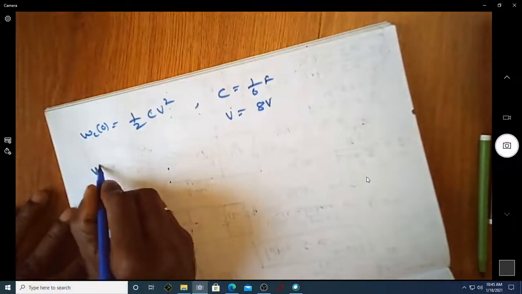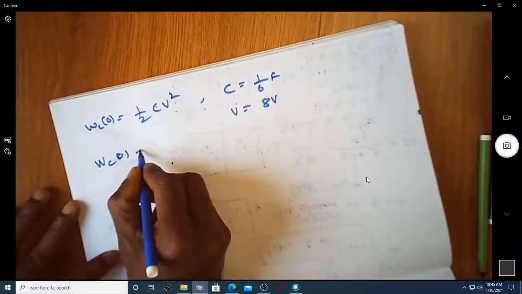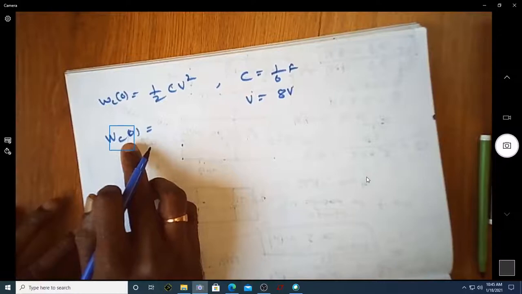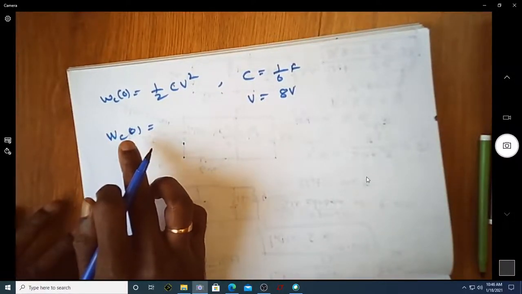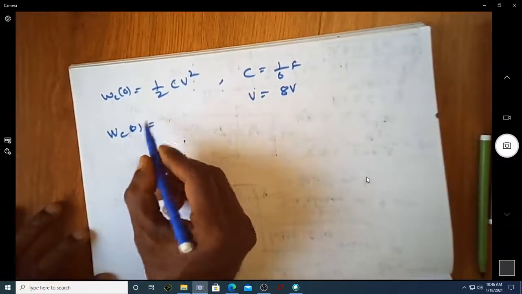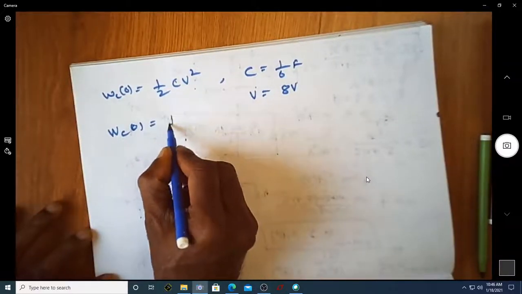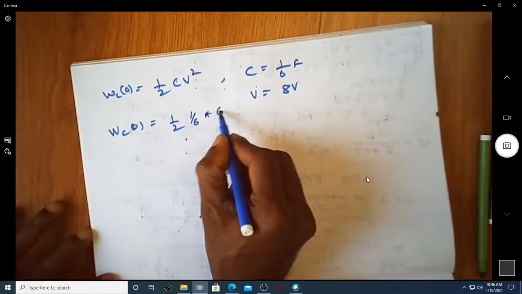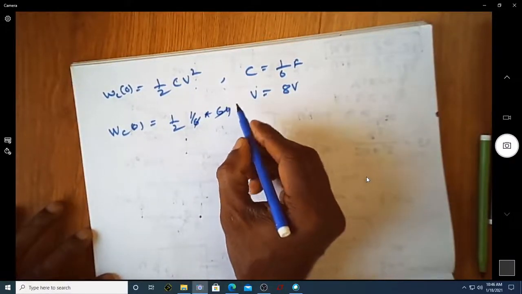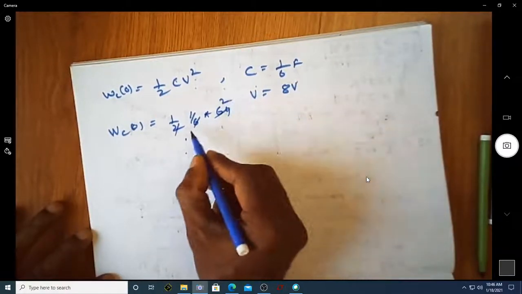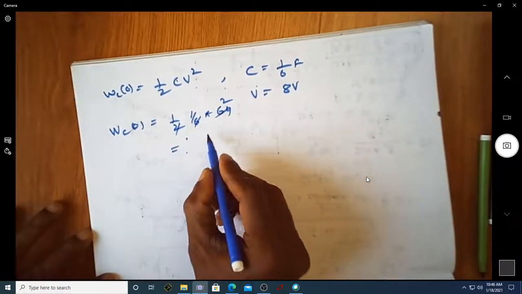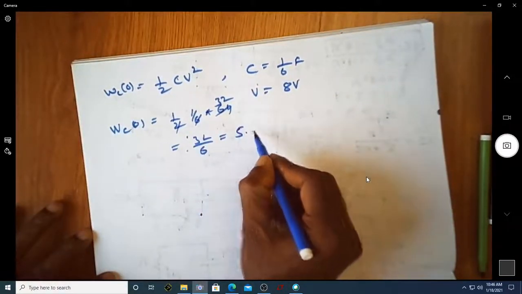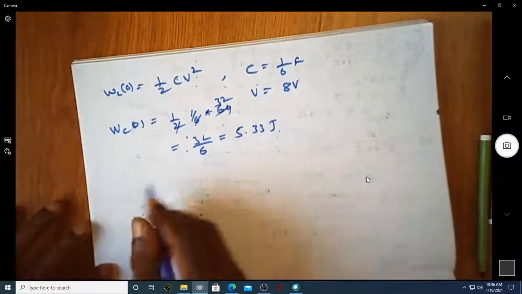Because we are looking at t equal to 0, just before the opening of this switch, what is the energy stored in this capacitor? It is half into 1 over 6 multiplied by 64. So this is 32 by 6, which happens to be 5.33 joules of energy stored.